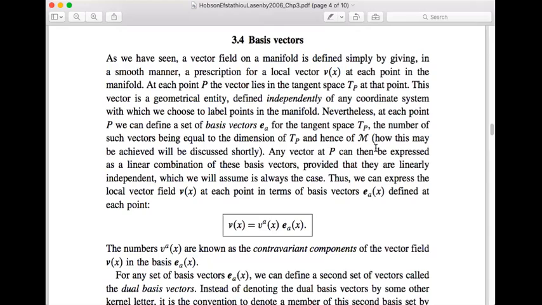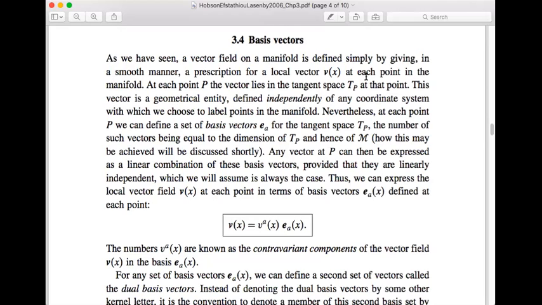I want to now define basis vectors. If we're going to deal with vectors, it's very convenient to have a basis. And how do we define bases? We're going to deal with only one type of basis called the natural bases, or what Hobson calls the coordinate bases.